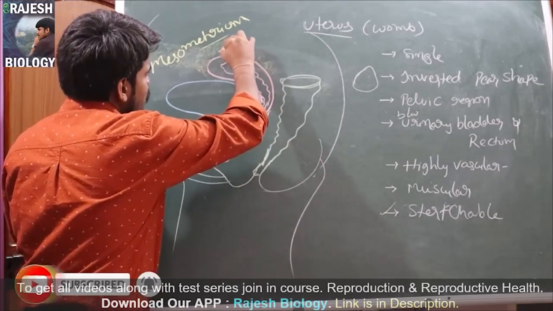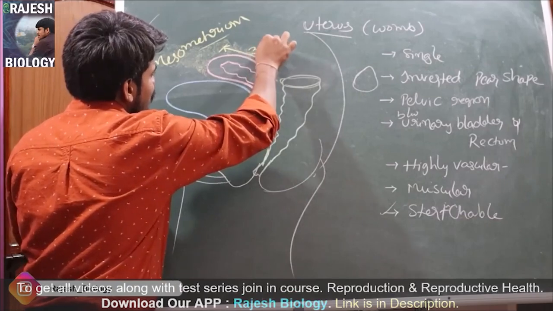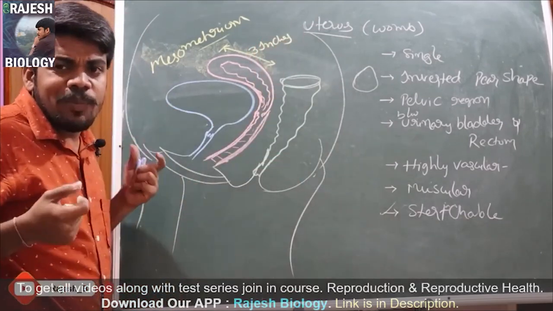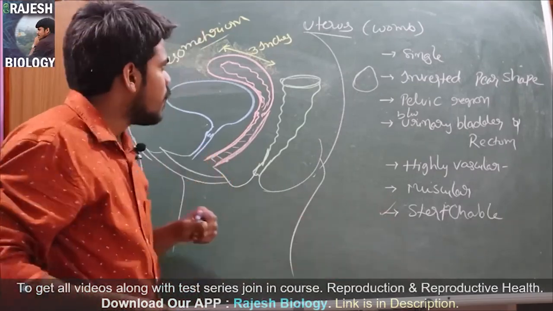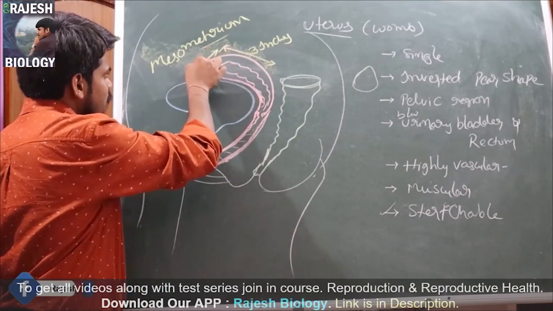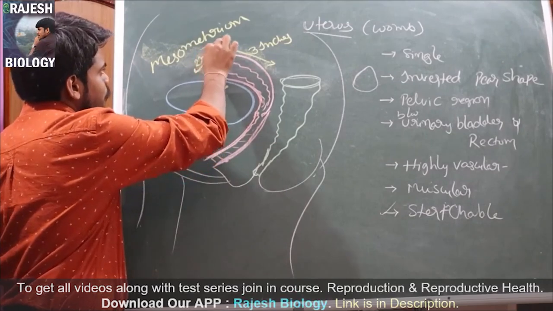The length of the uterus, of course, it is not so important, but you should know, 3 inches. It is not so big, but it gets stretched. It is distensible, it can stretch. Okay, 3 inches only. And it is the wider part of the uterus. This wider part width is 2 inches.